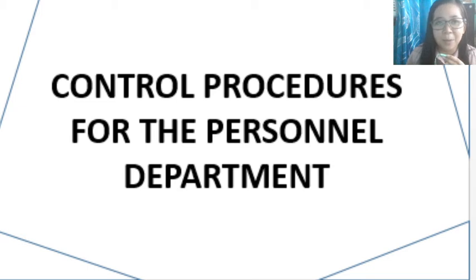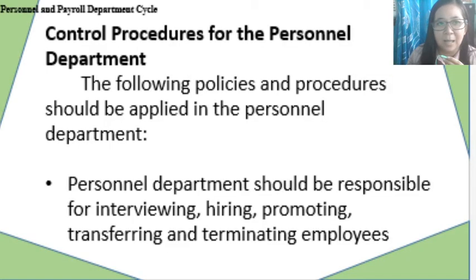To start with, let us discuss the control procedures for the personnel department. We have the following policies and procedures that should be applied in this department. First, the personnel department should be responsible for interviewing, hiring, promoting, transferring, and terminating the employees.